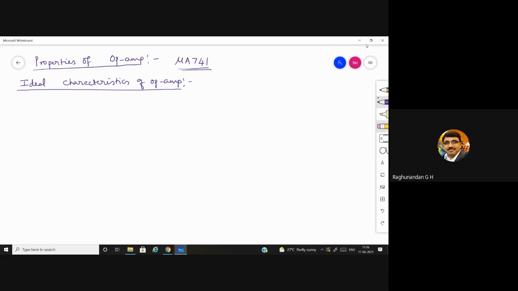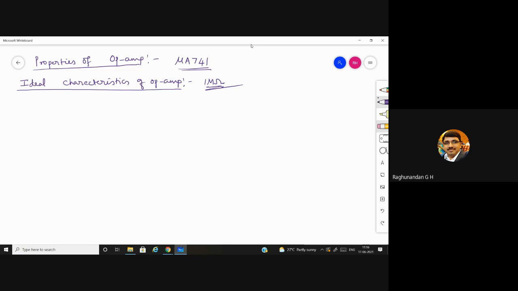In practical characteristics, we say the input resistance is 1 mega ohm, which means this is the resistance offered in the mu A741 IC.